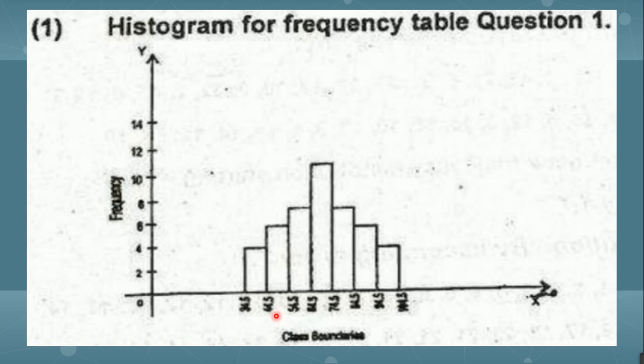And then the class boundary 44.5 to 54.5, its frequency is 5, so its height will also be 5, between 4 and 6.